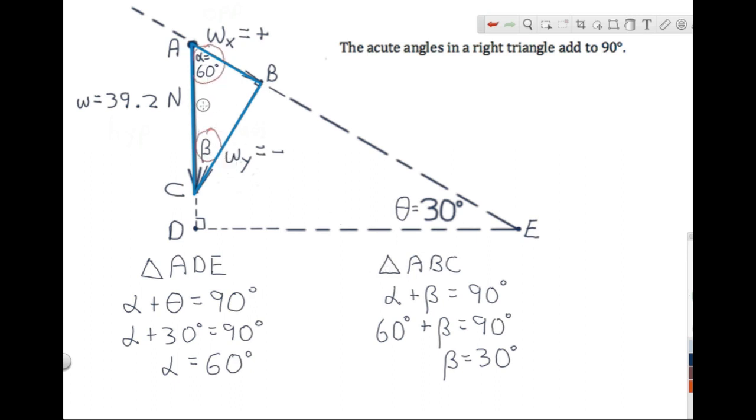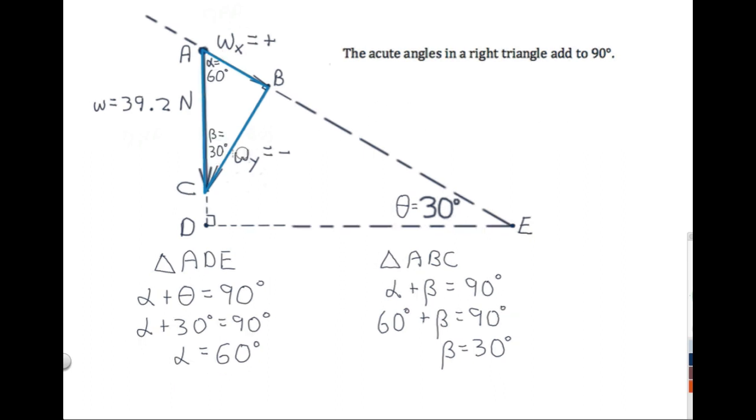Well, in this new right triangle, the acute angles are alpha and beta. So we know that alpha and beta add up to 90 degrees using this rule. The acute angles are the angles that are less than 90 degrees, by the way. Now we've already figured out that alpha is 60 degrees, and that tells us therefore that beta must be 30 degrees. So now we know this angle, beta, is 30 degrees, and we should add that to our right triangle.